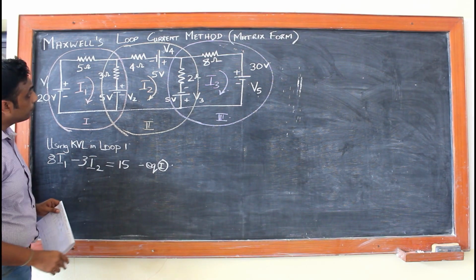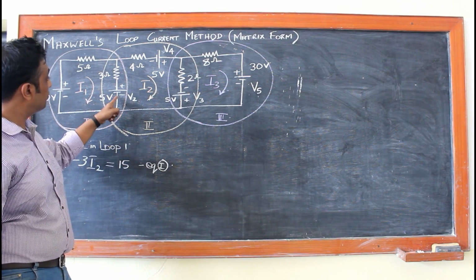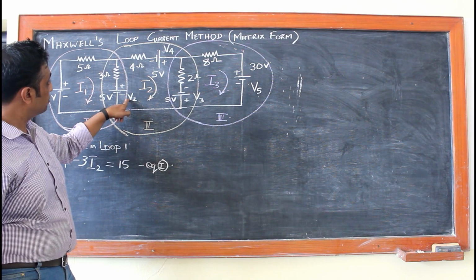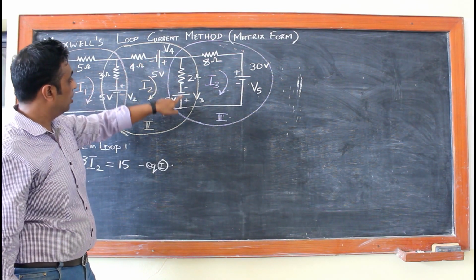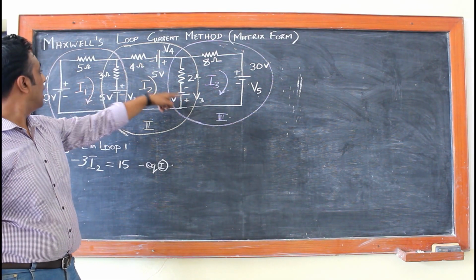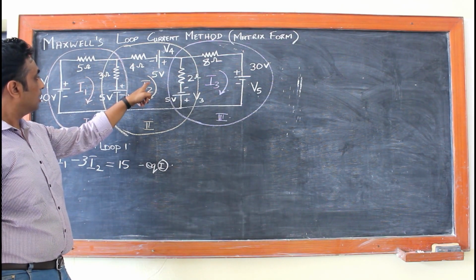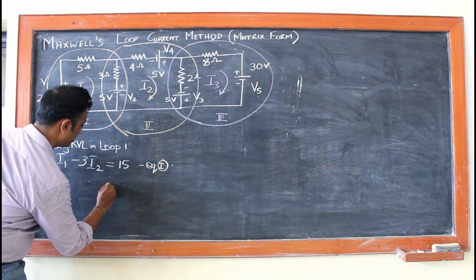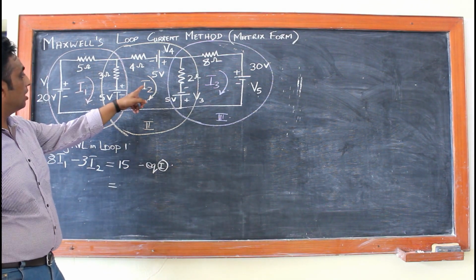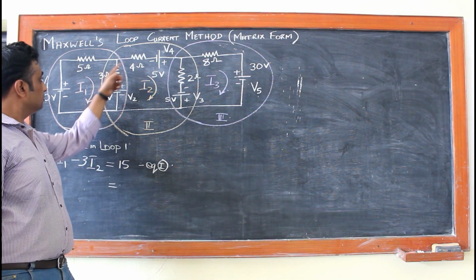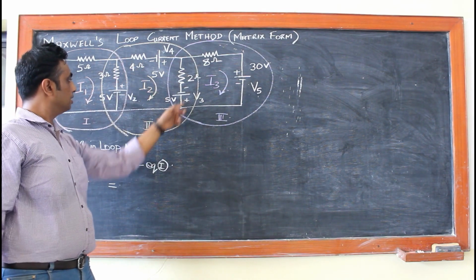Now in loop 2, how many voltage sources do we have? We have V2, V4 and V3. And we have 3 ohms, 4 ohms and 2 ohms. Now first thing, I2 will flow through the 3 ohms, 4 ohms and 2 ohms.